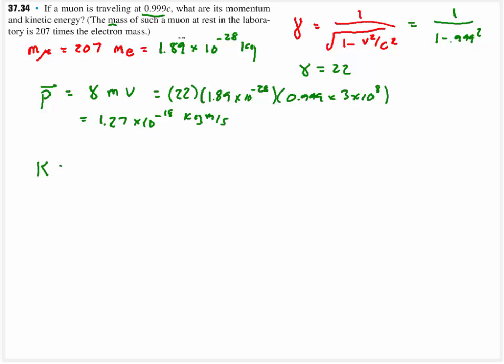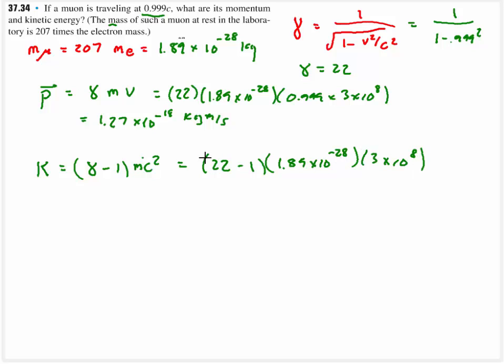The kinetic energy is going to be equal to gamma minus 1 multiplied by mc squared, and so this is going to be 22 minus 1 multiplied by 1.89 times 10 to the minus 28th multiplied by 3 times 10 to the 8th squared, which is going to work itself out to be 3.63 times 10 to the negative 10th joules.